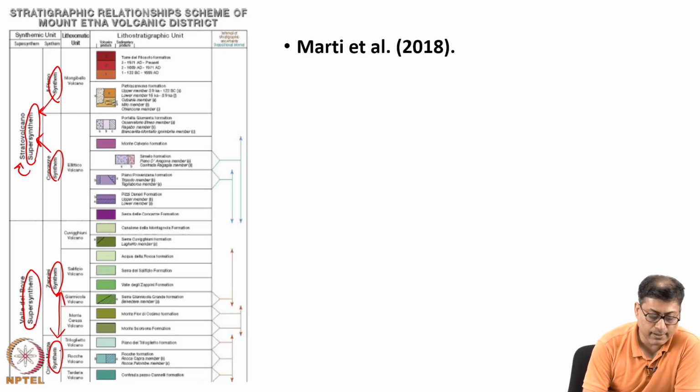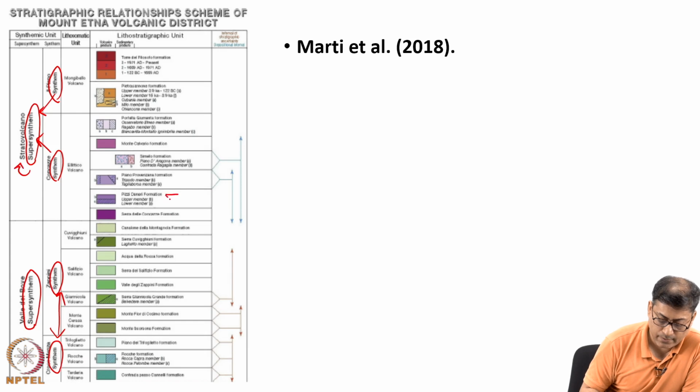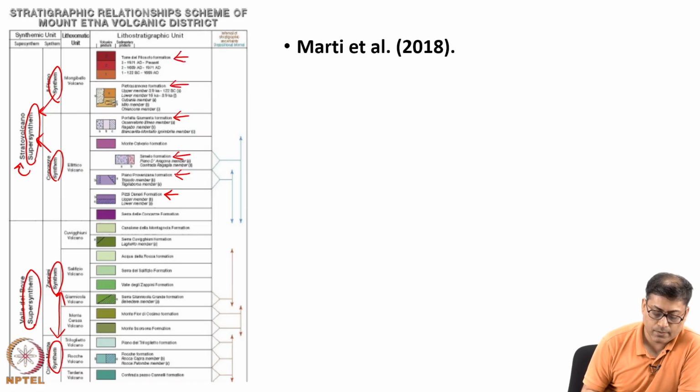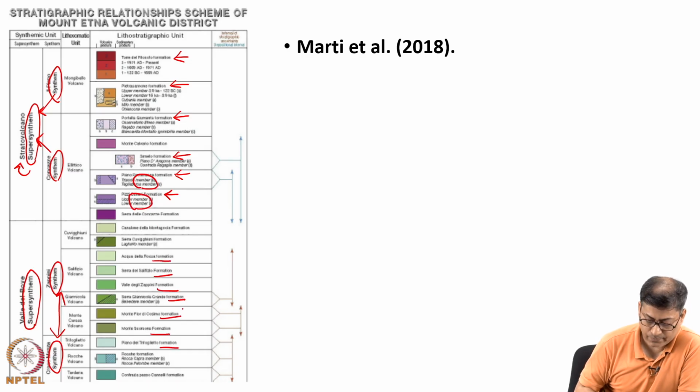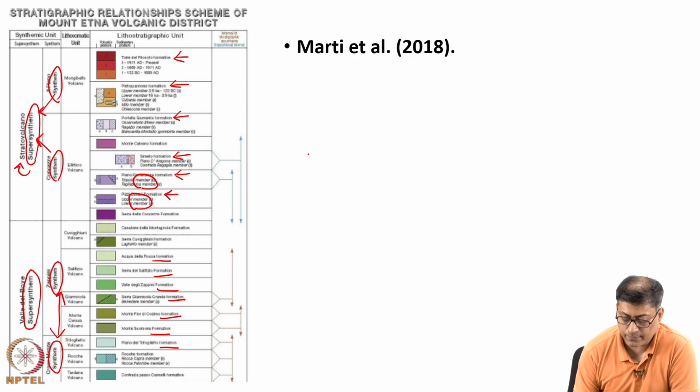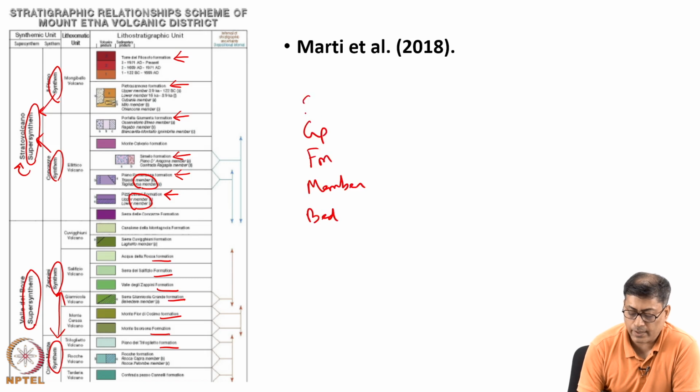Once we look into the synthem individually, we find that the formation, which is a lithostratigraphic term, has been used. So, these are the formation names. Looking closely, one also finds the members defined in between the formations. Just recollecting the lithostratigraphic scheme: formation, member, bed, group and supergroup.